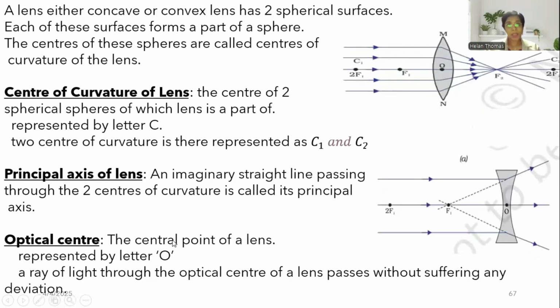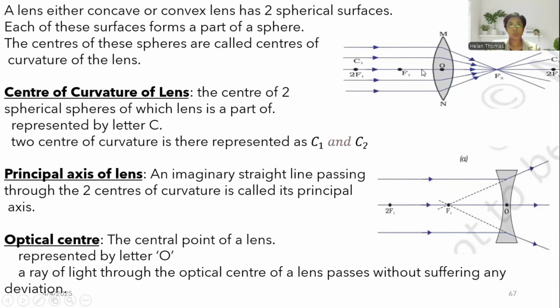A lens, either concave or convex, has two spherical surfaces, so either of the surfaces forms a part of a sphere. If you look at this picture of a convex lens, the M to N portion towards F1 belongs to a sphere towards the right hand side, while MN towards the side of F2 belongs to a sphere towards the left hand side.